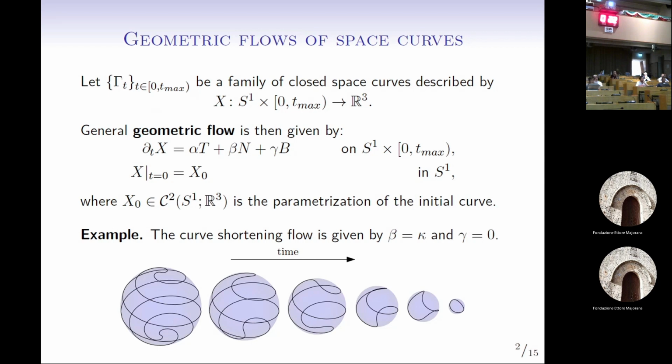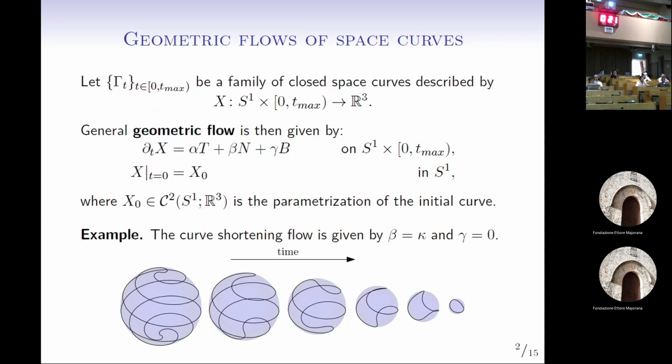And I will be denoting alpha, beta, and gamma, the tangential, normal, and binormal velocities, which can depend on local quantities such as curvature or torsion or some other, let's say, external forcing.